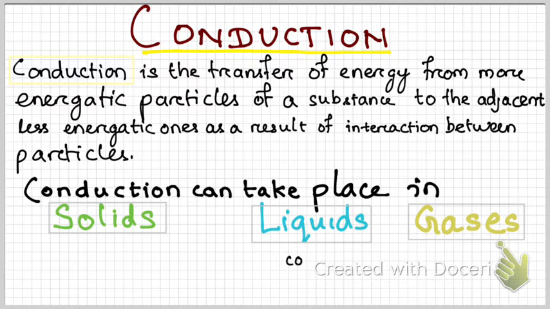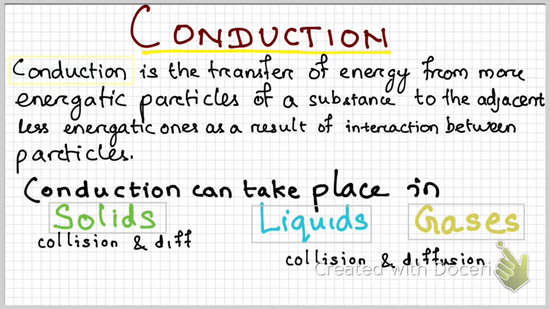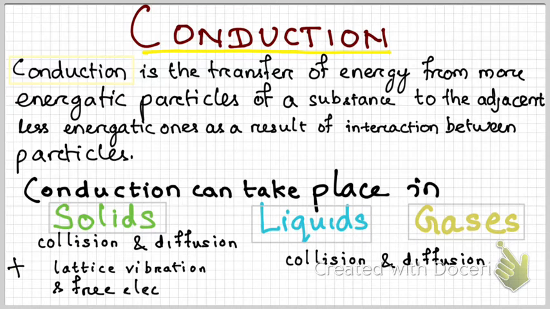Because of that, we can say in liquids and gases, collision and diffusion are the modes of conduction. Whereas in solids, apart from collision and diffusion, lattice vibration and free electron energy transfer are also methods. Because these two methods are dominating in solids, solids have better conduction than liquids and gases.